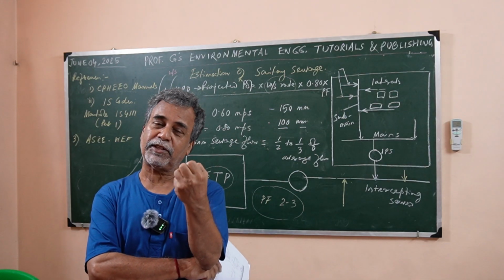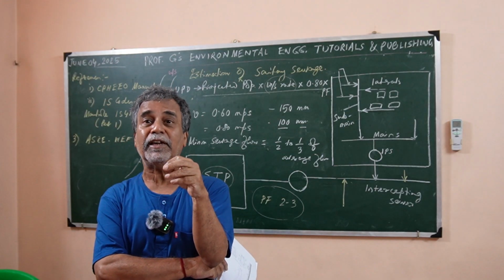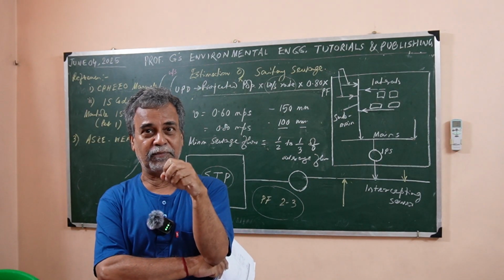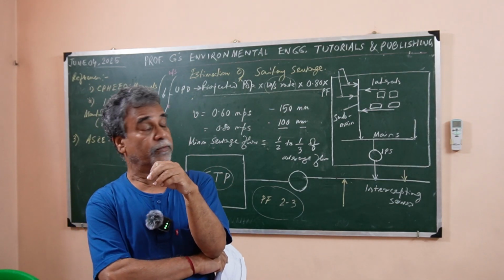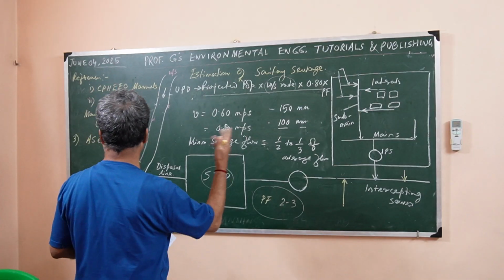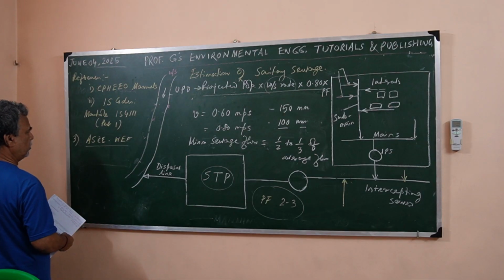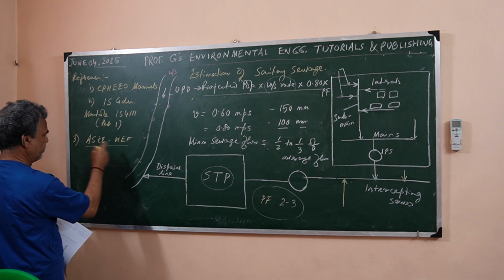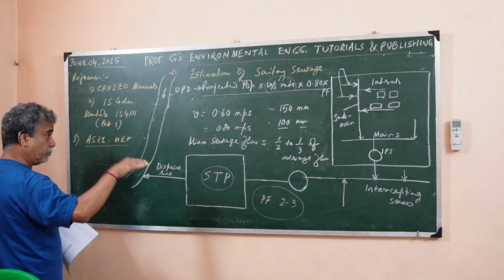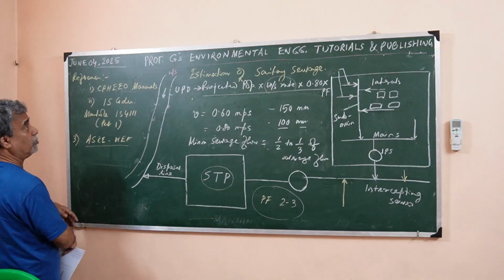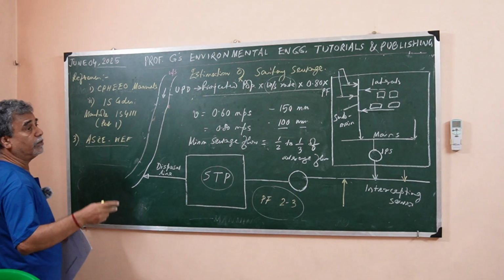Similarly, for the same reason, they do not accept IS codes also, because these are applicable only for the Indian situation, in India only, right? ISO is the international standard, so that could always be followed. ASCE is also considered an international manual or reference, which you can follow for other areas, unless otherwise specified, because every country or every zone or region may have separate manuals.